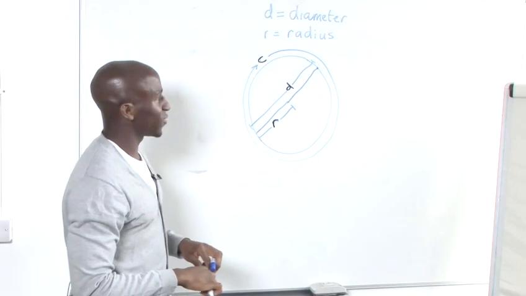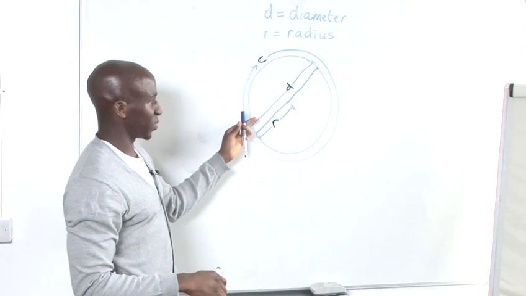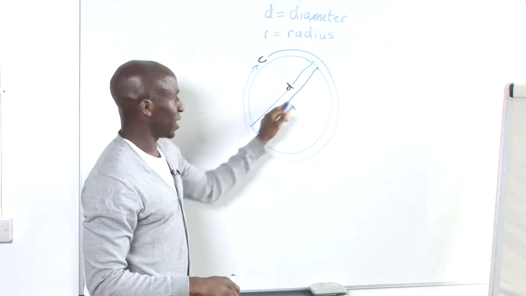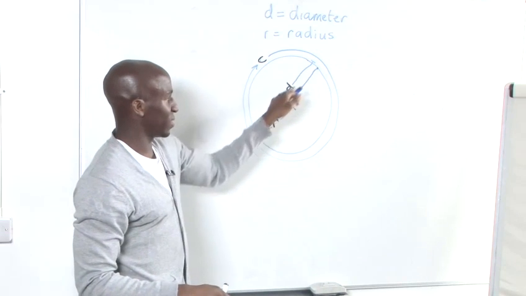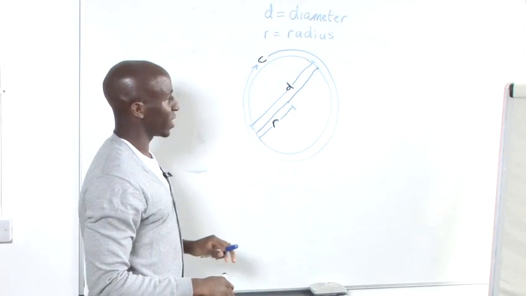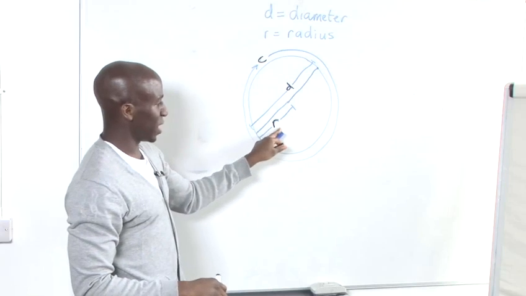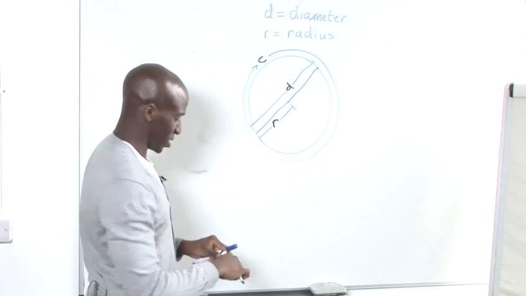Now, in order to find the diameter of the circle, which is the distance leading through the circle from one side to the other and through the origin, we're going to need to establish measurements of our radius, okay?